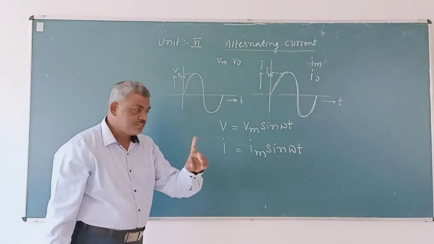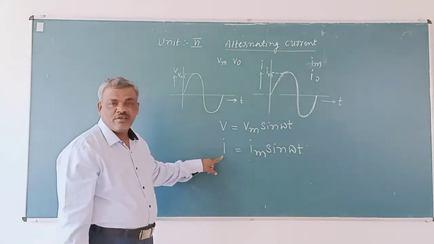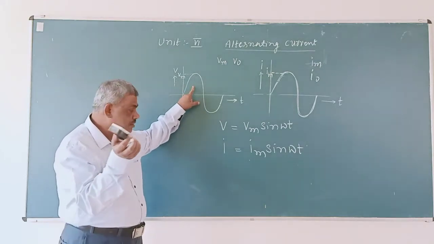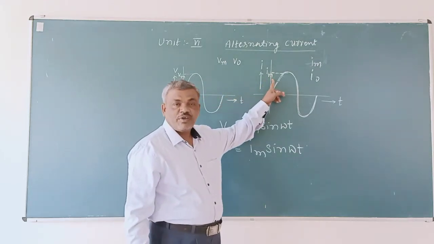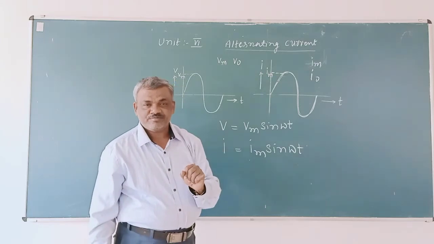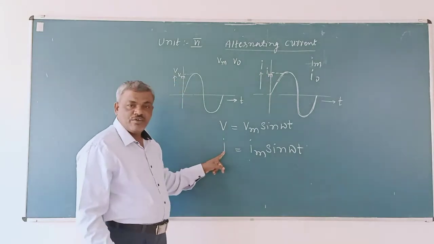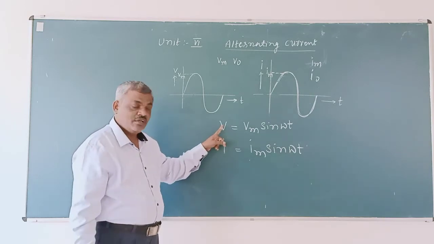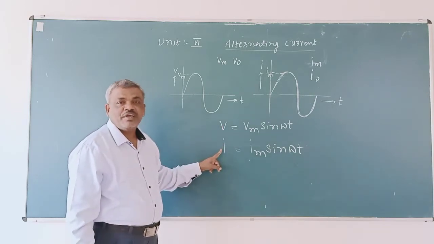Now there are two equations, V and I, which represent the instantaneous value of alternating voltage and the instantaneous value of alternating current.